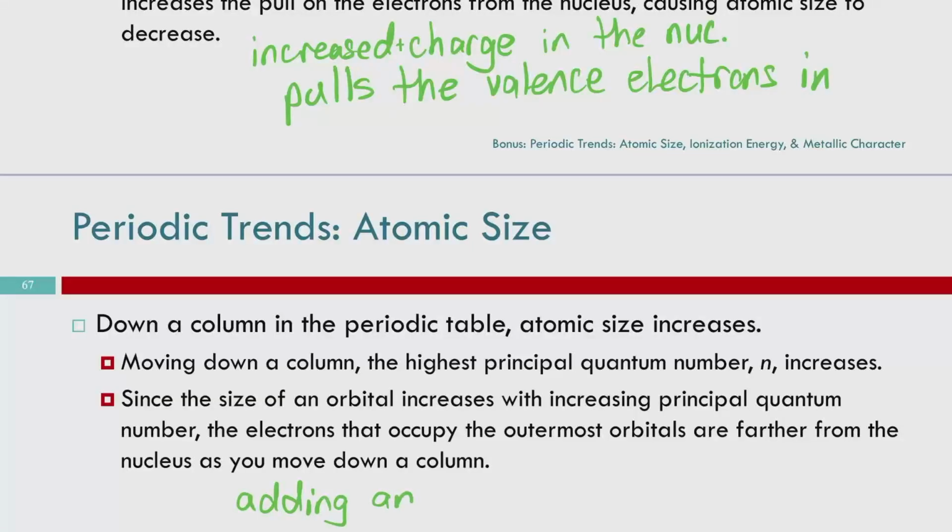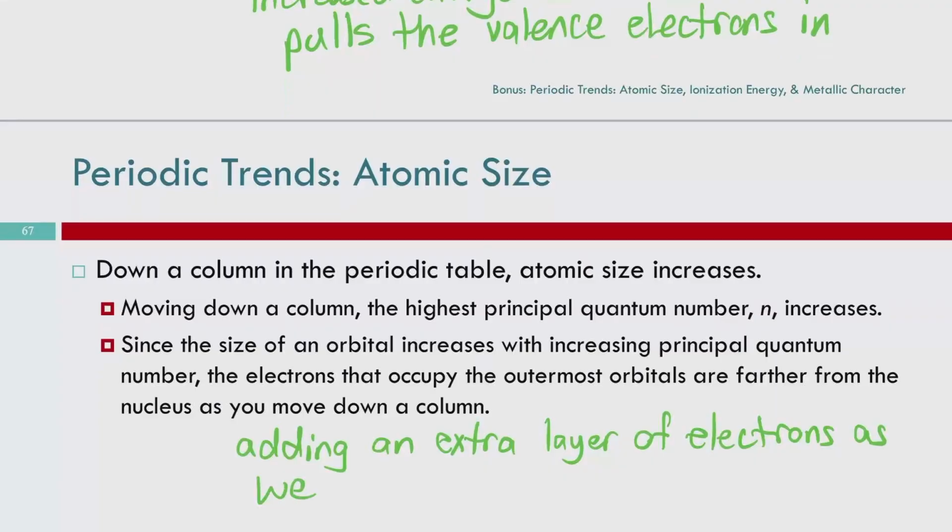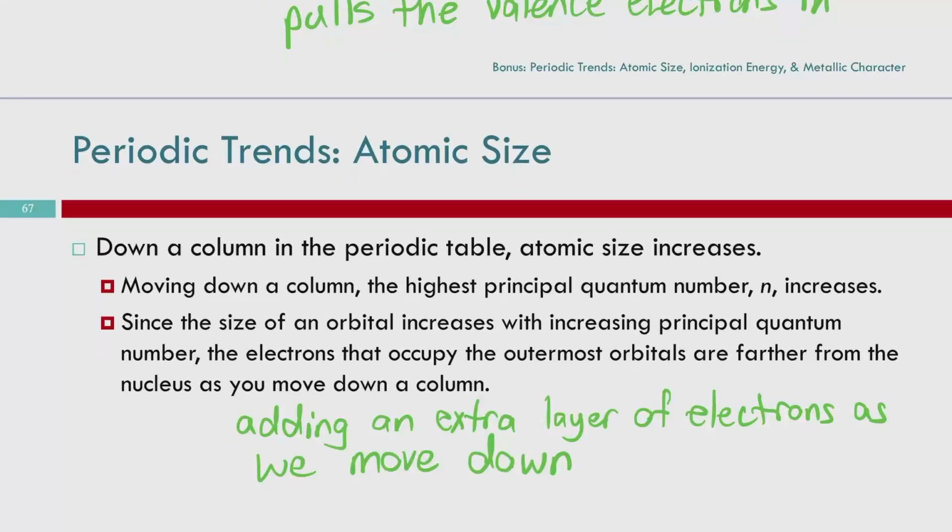So we're adding an extra layer of electrons as we move down. And since we're adding another layer, those outside layers are going to naturally be further from the nucleus in the center.